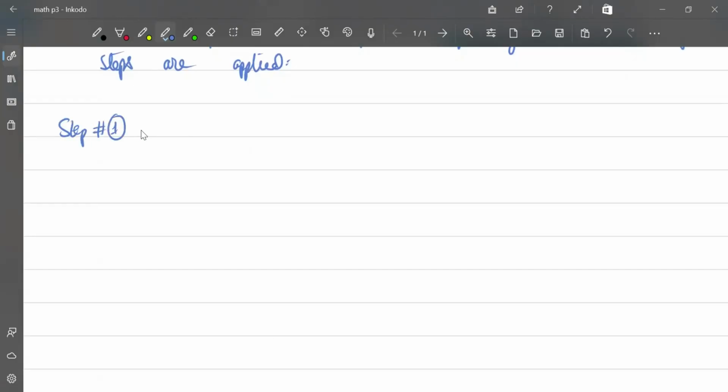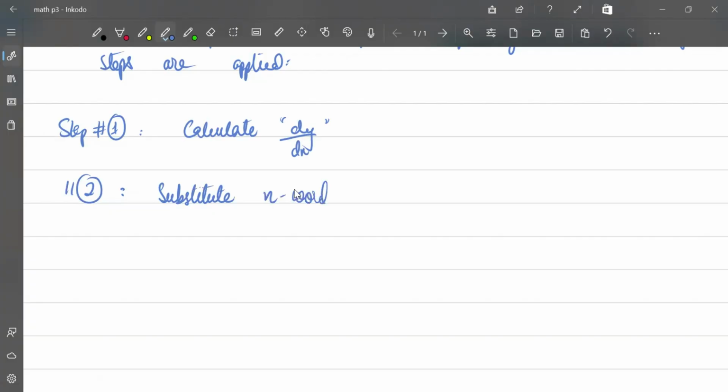Step number one, calculate gradient or dy over dx. Step number two, substitute x coordinate of the given point in answer of step one.